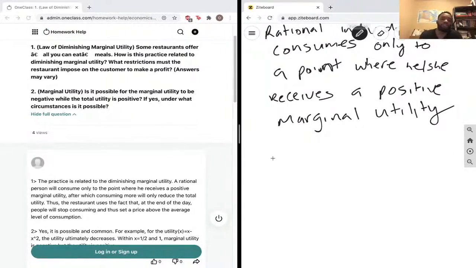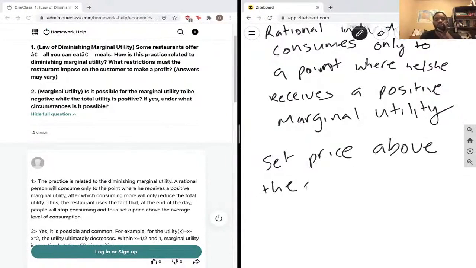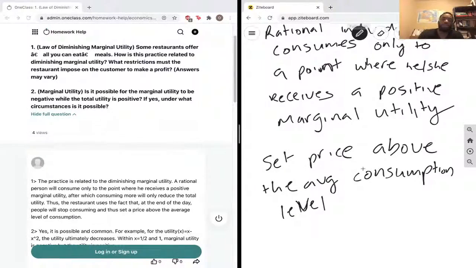And restaurants, they must have done some sort of calculation, but they set the price above the average consumption level, and that's how they make a profit, which is a very smart tactic when looking at restaurants.